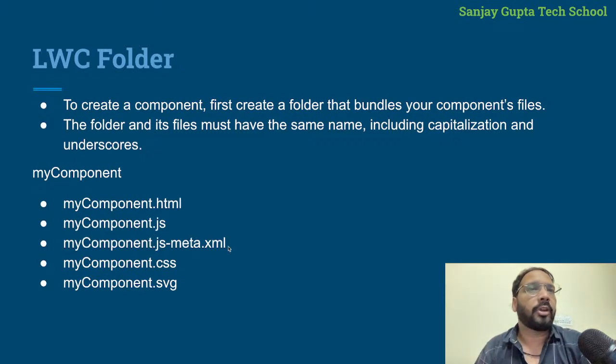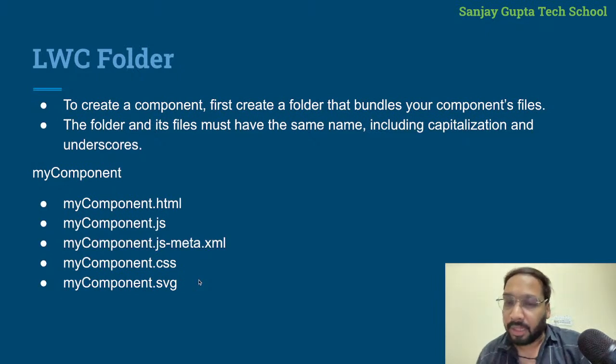Right, so moving forward, here you can see we have HTML, JS, XML, CSS and SVG files. I'm going to explain each and every file in detail so that you can understand. And I can see a few questions like, can SVG be used as static resources too? Yes.